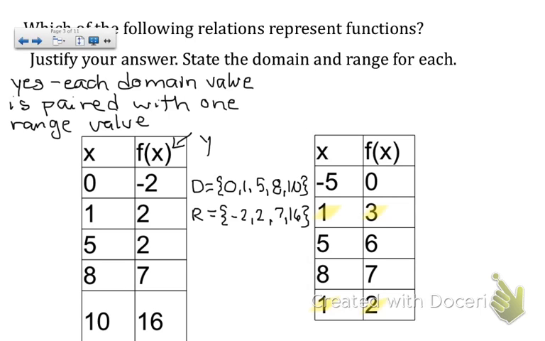This 1 is paired with two different numbers. It's paired with a 3, and it's also paired with a 2. So this is not a function. No. 1 is paired with two different y values.